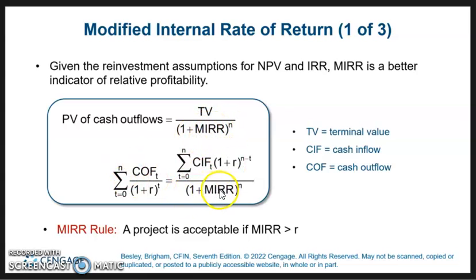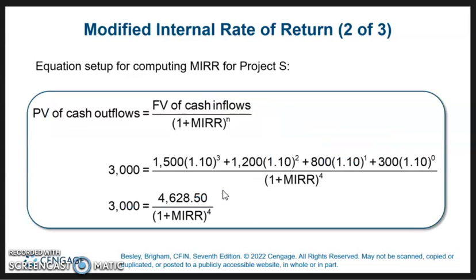Instead of present valuing everything at the internal rate of return, we're going to present value it at the modified internal rate of return. So we take the present value of those cash flows at 1.1, and then we discount them back.